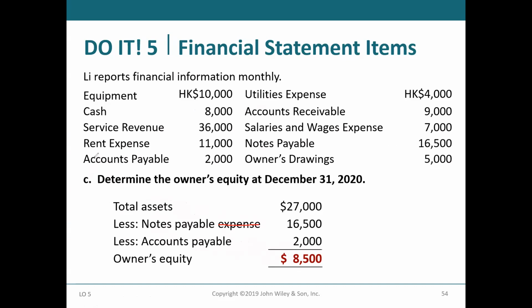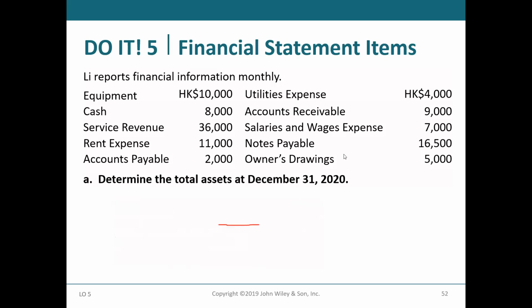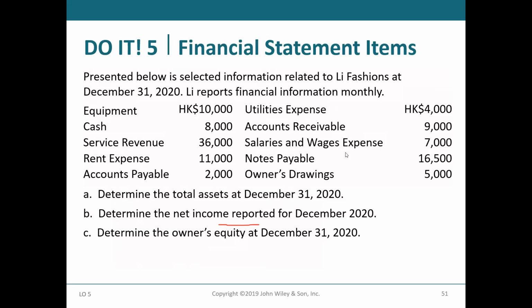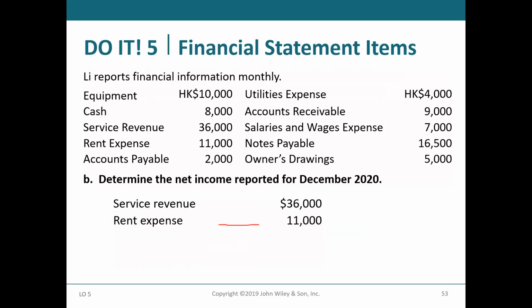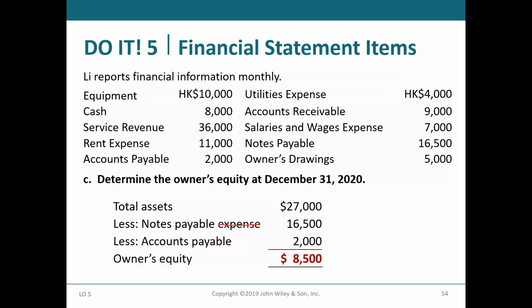Or another way you can do it is take the owner's equity at the beginning, add net income and subtract drawings, and that will give you the owner's equity at the end. But this question doesn't say how much the owner's equity at the beginning is, so we just take assets minus liabilities, and that will give us owner's equity at the end.